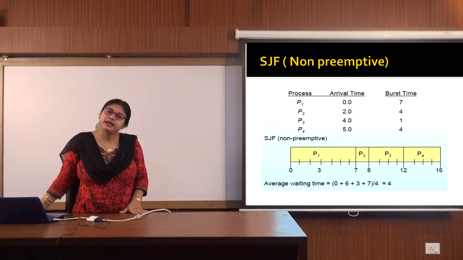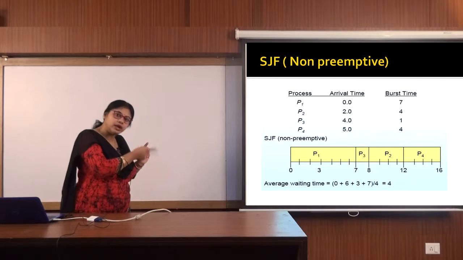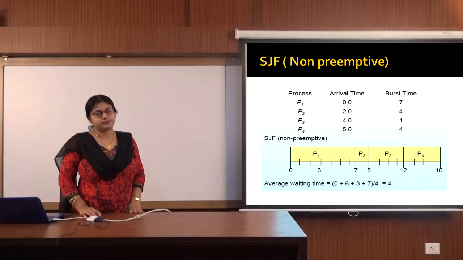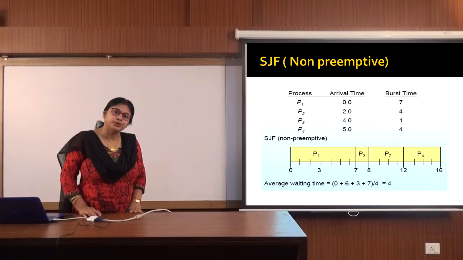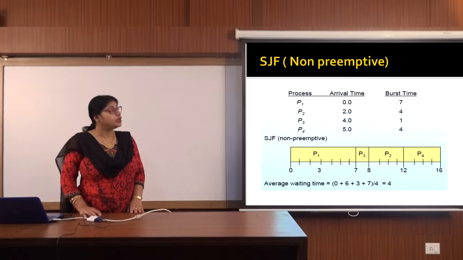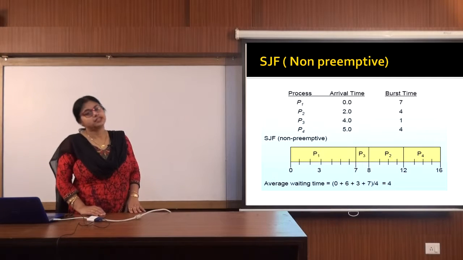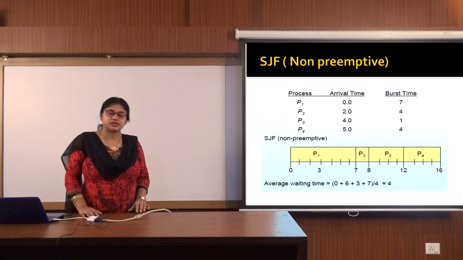After 8 milliseconds, you see in the Gantt chart, process P1 is completed and process P3 is also completed. Now we have two processes in hand, process P2 and process P4. Both of them have the same burst time, 4 milliseconds. So with which process do we start?